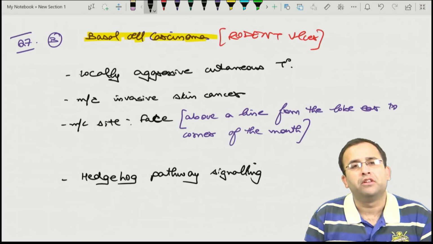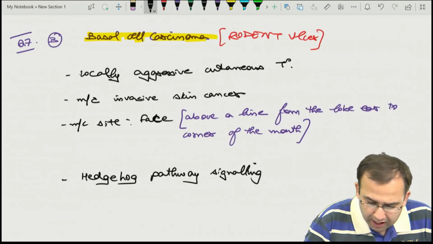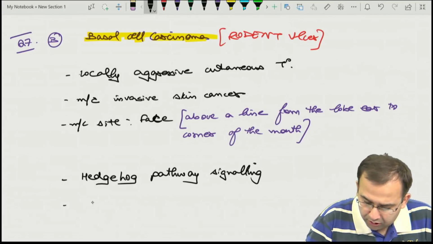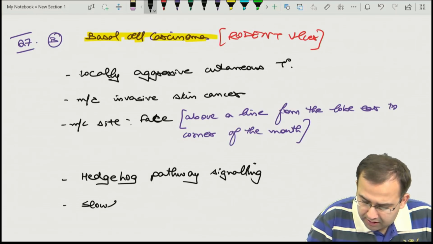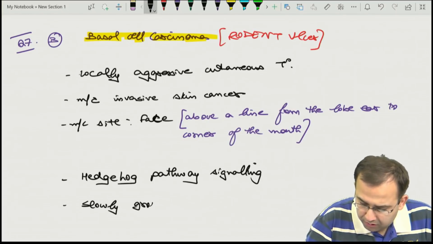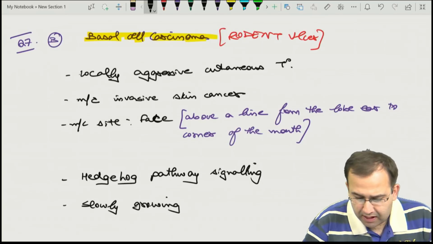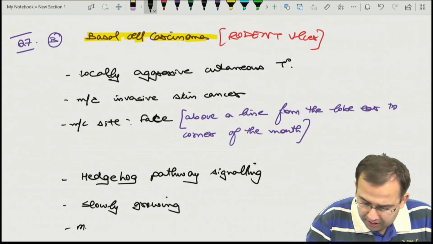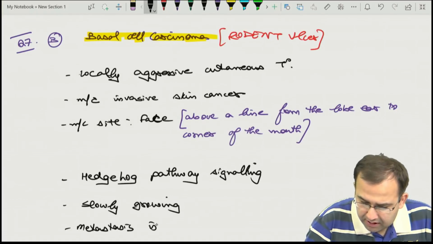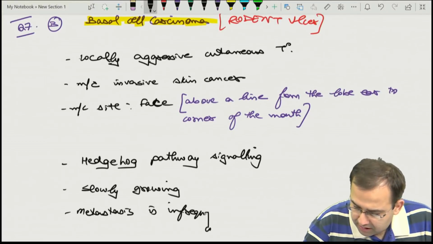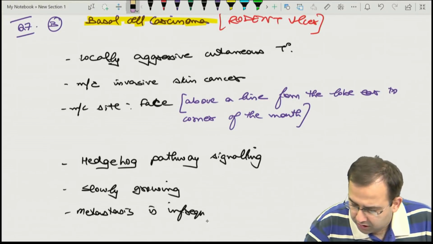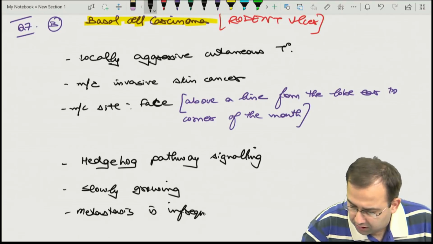Hedgehog pathway signaling. And it is a slowly growing tumor which metastasizes rarely. Metastasis is infrequent.